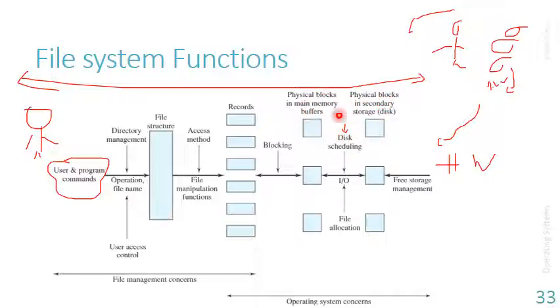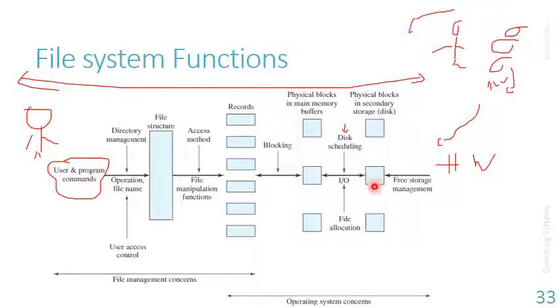If I want to do that, I'll have to deal with the I/O. So every file will need block allocation to the proper device. I might have different storage devices, so I want to put it on my USB stick, for instance. And then I need to schedule, as we said earlier, and we're going to have our physical blocks in the secondary storage.